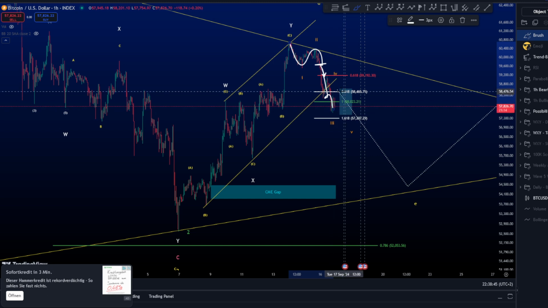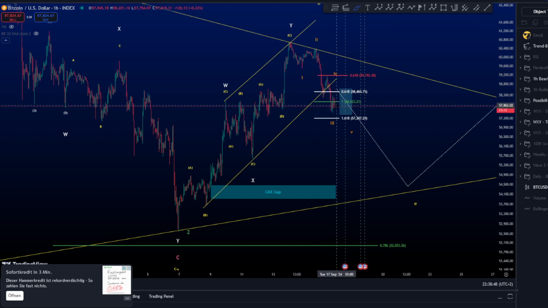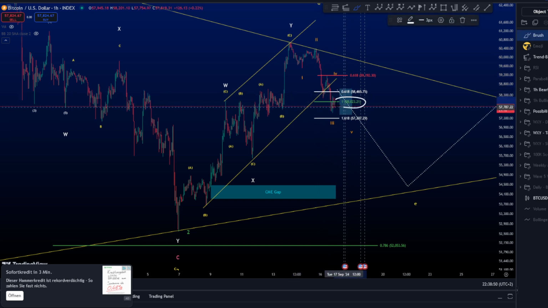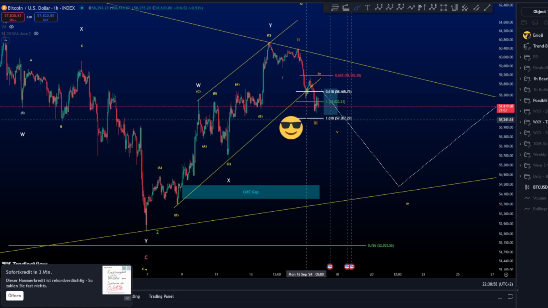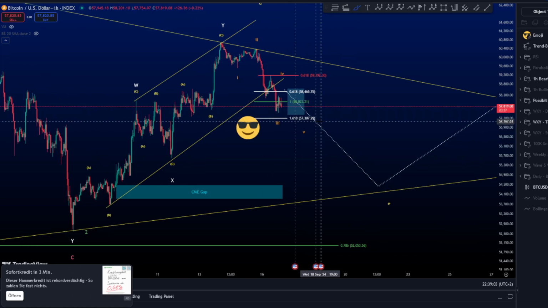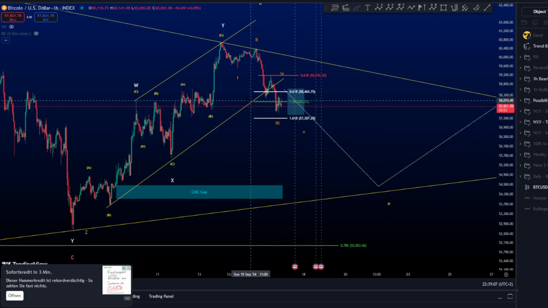And here we go. We have reached one target after the other, and now we have reached the 1-to-1 fib level. So let me celebrate. All right. This is one of our successful trades or scenarios that has been predicted on this channel, and it's nice to see it working well.